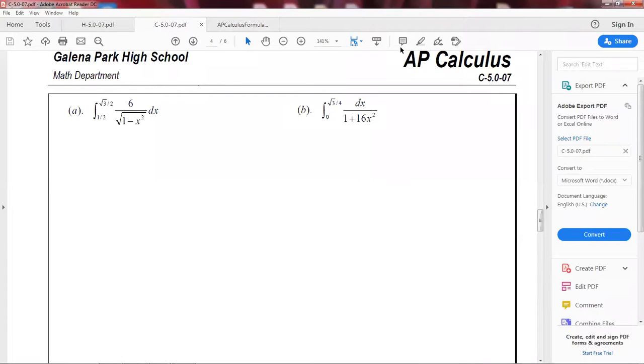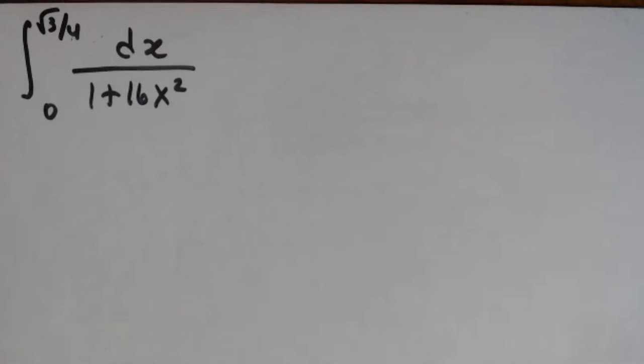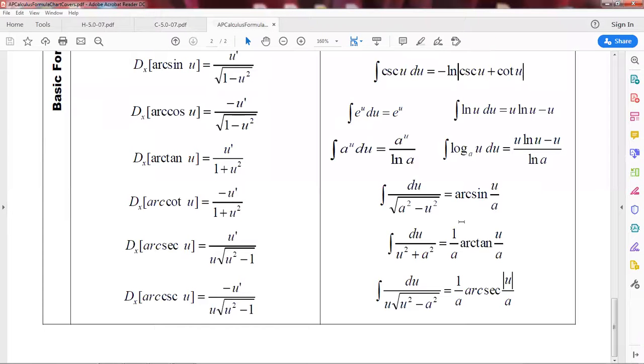Okay, so I have my integral here. I need to find a formula to help me solve this problem, so I go to my formula booklet again. So here it is.